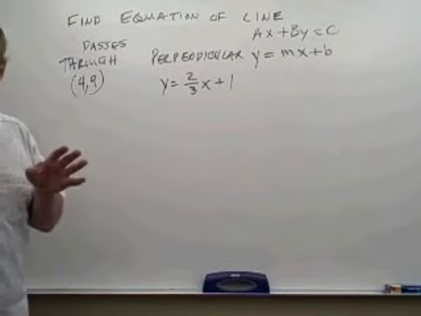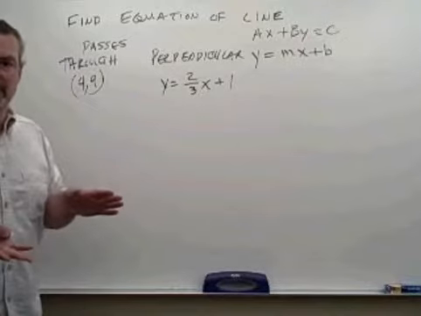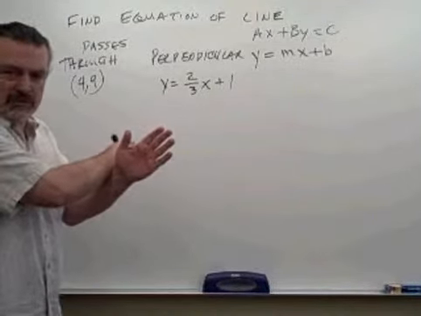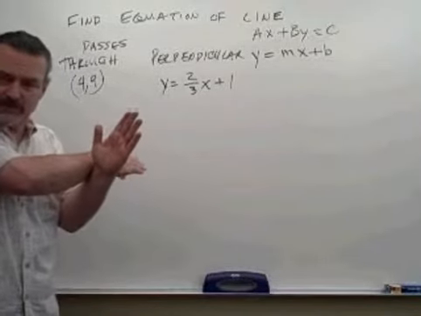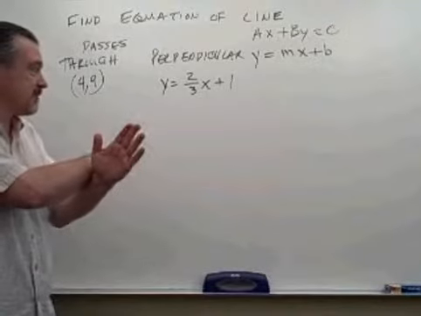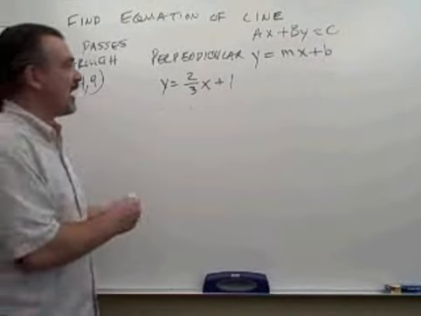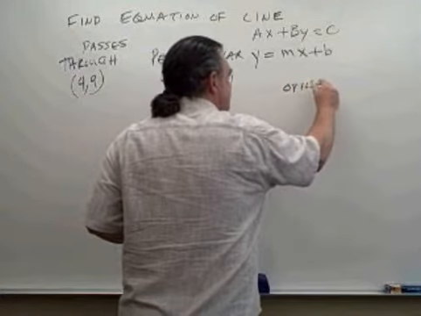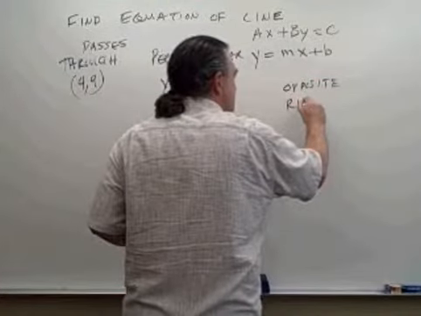Now, parallel lines have the same slope. Perpendicular lines would not. They wouldn't because perpendicular lines cross, so they couldn't possibly have the same slope. But there is a relationship between the two slopes of the lines. It happens that with perpendicular lines, the slopes are opposite reciprocals.